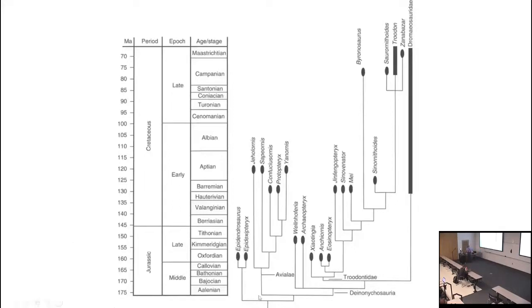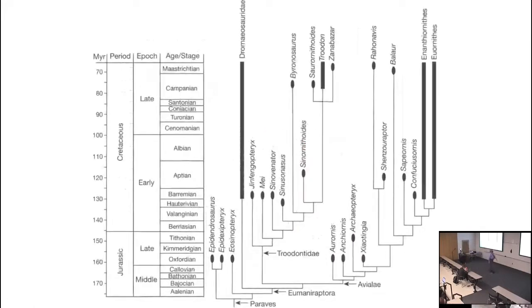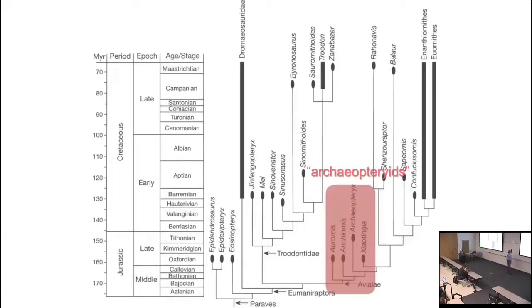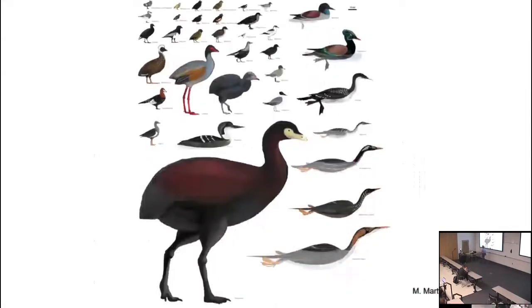So in this paper, Archaeopteryx and other Archaeopteryx specimens wound up being members of Deinonychosauria and not avialians. And here's a later one where they were a series of basal avialians, and we're going to regard them as basal avialians in this class.